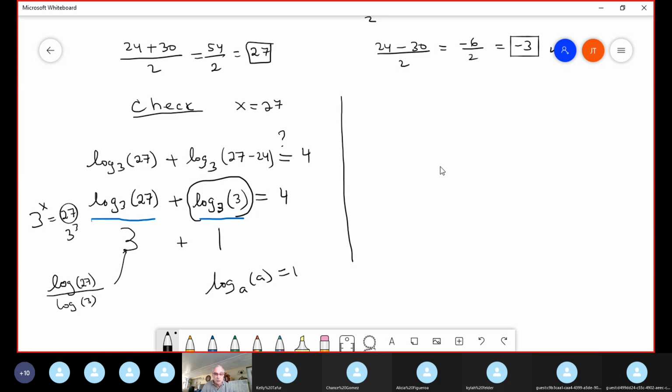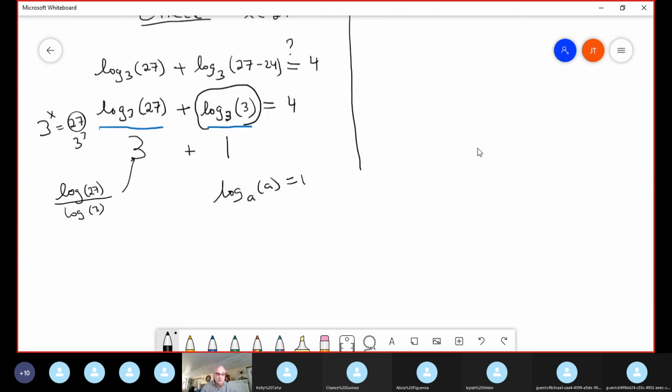This is one point of view. Another point of view, so as not to complicate this: instead of computing separately, we condense it. Into one logarithm, you apply property number 5 one more time. Then logarithm base 3 of 27 multiplied by 3 is 81.